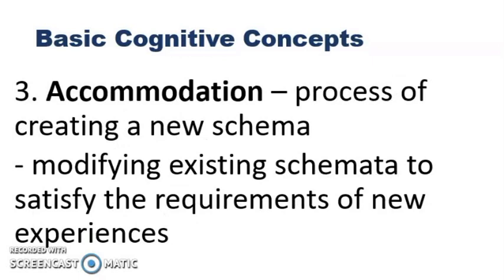It is a process of creating new schema. So modifying existing schemata to satisfy the requirements of your new experiences. If your new knowledge and your old knowledge do not fit together, it means that they will be understood separately.